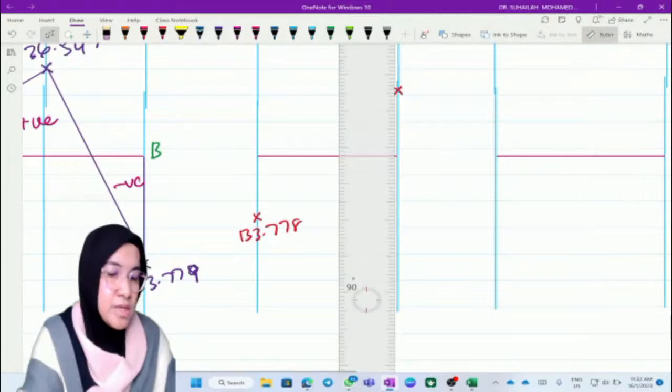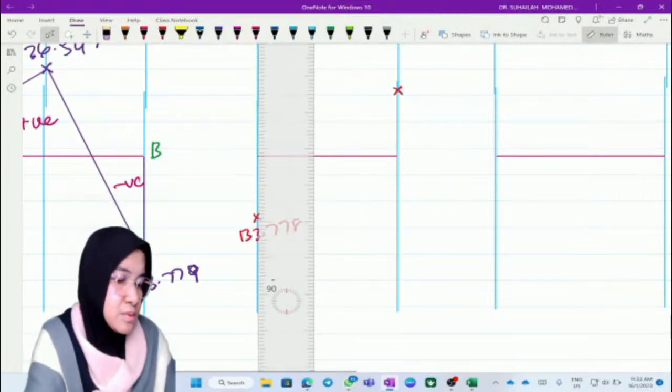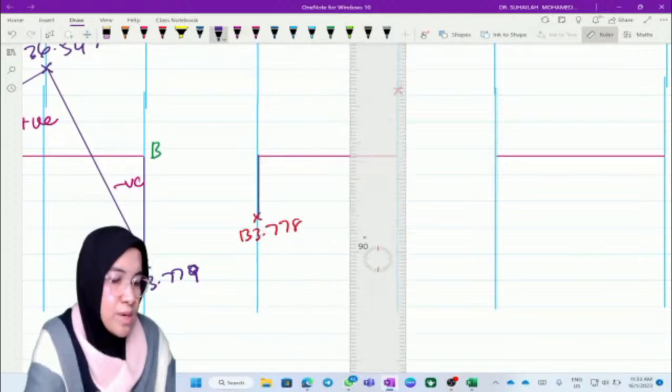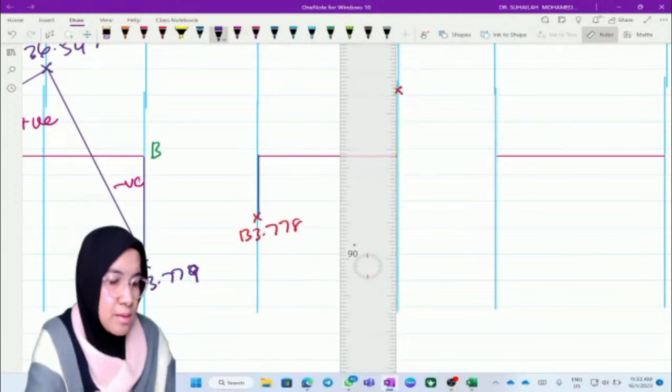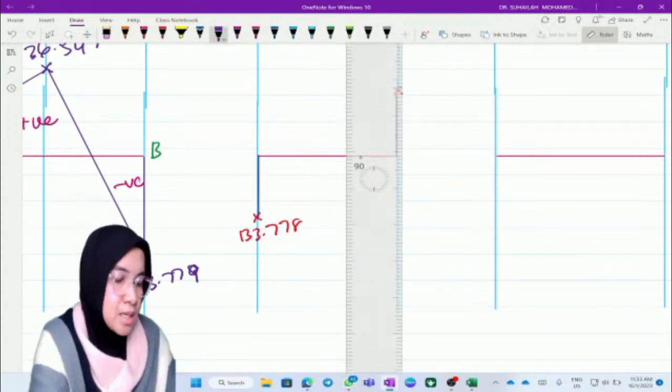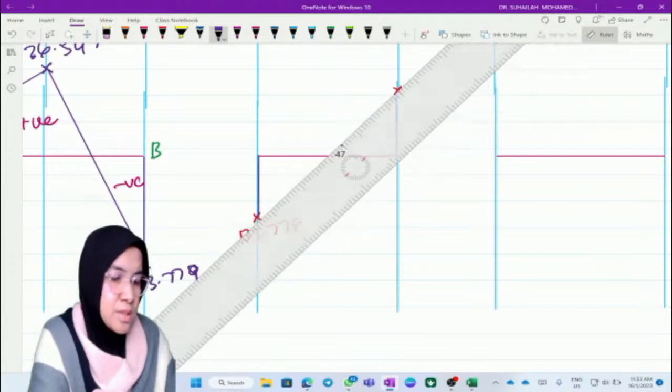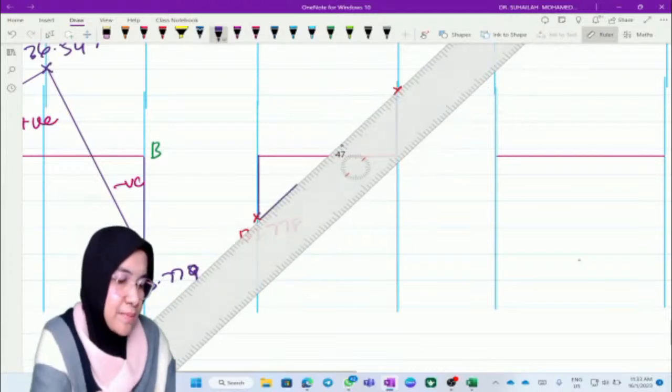So for this one, we don't have to, actually from the moment that we get from the table, we can get this directly. But if we want to check whether we get 0 or not, we can check from the shear force diagram.